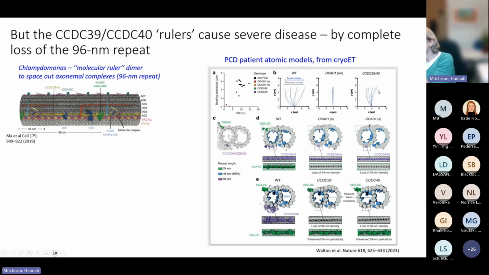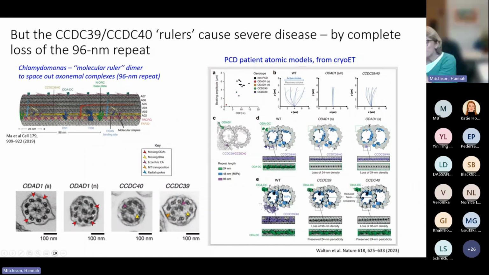So they lack outer dynein arms, and thus they are static. In CCDC39/40, you actually get a little bit of motility, and you might think, why isn't that giving better mucus clearance than completely static cilia? But they are really truly messed up. The whole of the outer dynein arm, inner dynein arm, the whole thing, the 96 nanometer density is lost for positioning of that, and that has a devastating effect on motility.